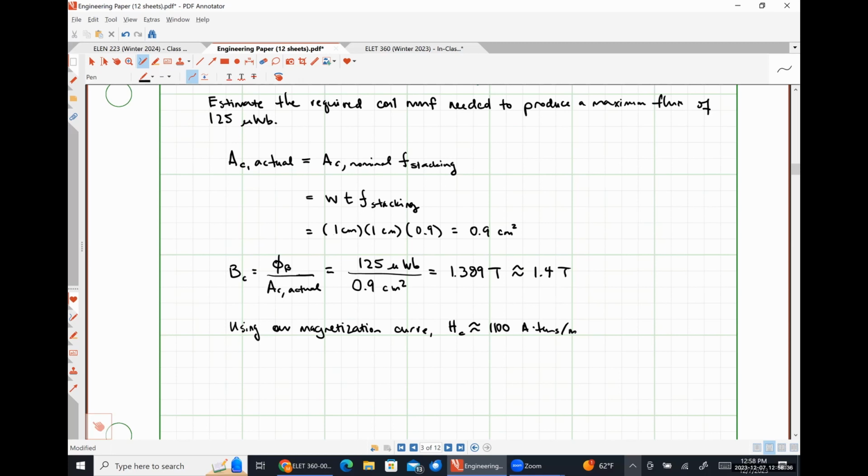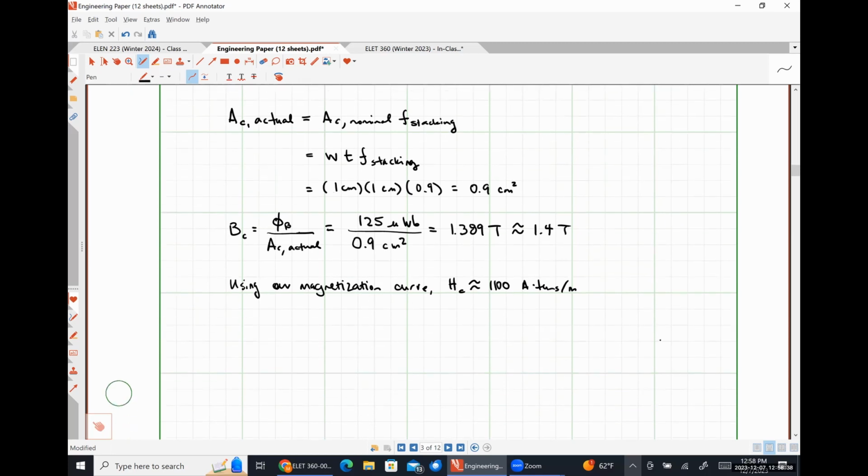And from this, at this particular point along our curve, our core has a permeability of the magnetic flux density divided by the magnetic field intensity.